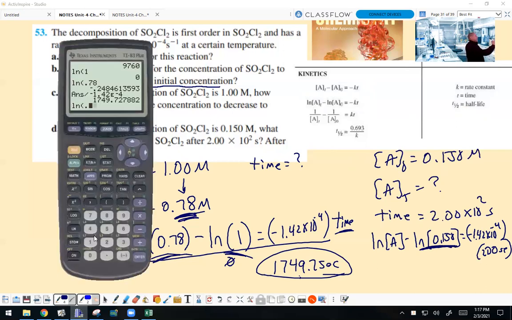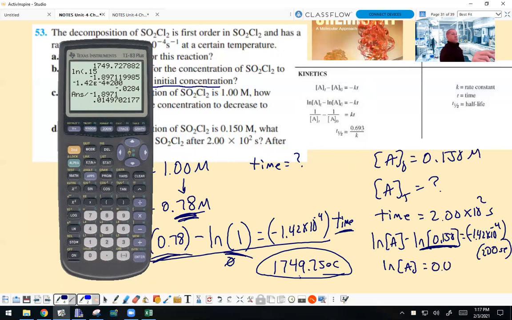So the ln of 0.15 is negative 1.8971. So the ln of A is equal to 0.01497. Now remember what I showed you, how to get rid of ln's.